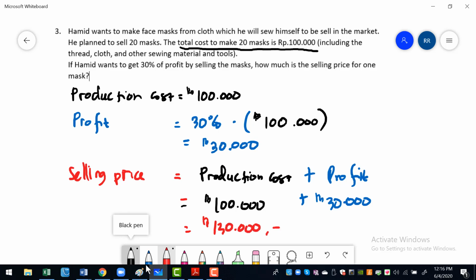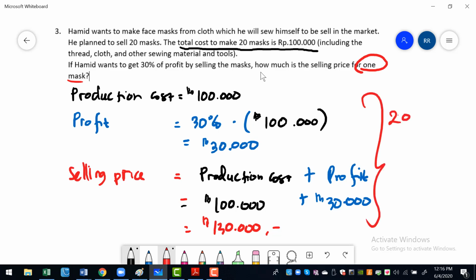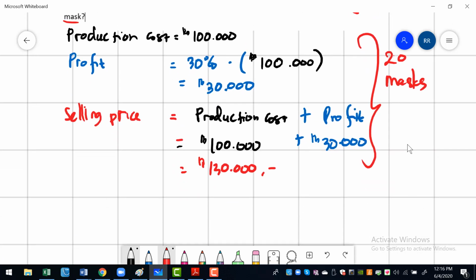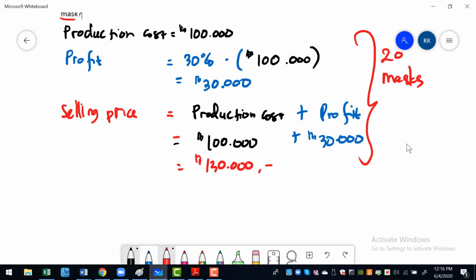So notice that the question here is how much is the selling price for one mask? What you're calculating here is the selling price for 20 masks, right? So in order to calculate the selling price of one mask, the selling price per mask will be equal to the selling price of 20 masks, and you only need to divide it by 20, right?